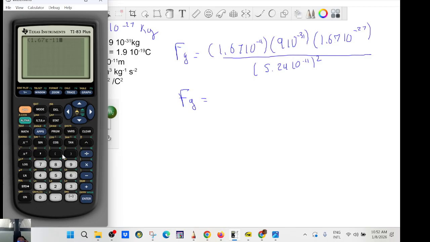Minus 11, you close the parentheses, open the parentheses, 9 times 10 to the negative 31, close the parentheses, open the parentheses, 1.67. This is base 10 here. If you do second comma, that will be base 10 to the minus 27. Okay, close the parentheses, enter, and then you divide and you always open the parentheses.